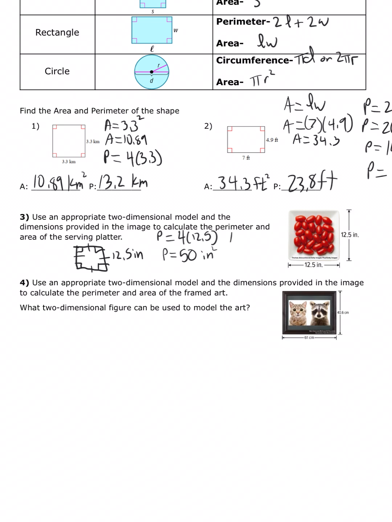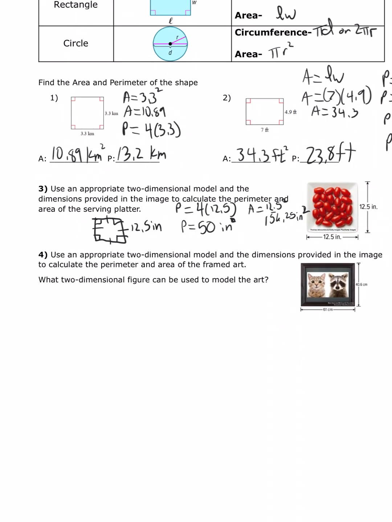And the area is going to be 12.5 squared. So that 12.5 squared is 156.25. So this should be linear inches on the perimeter, square inches on the area.